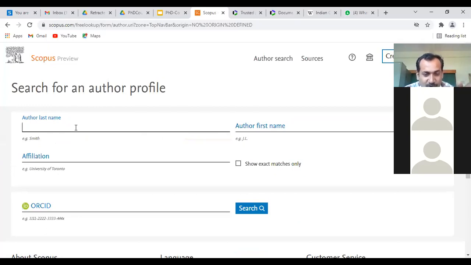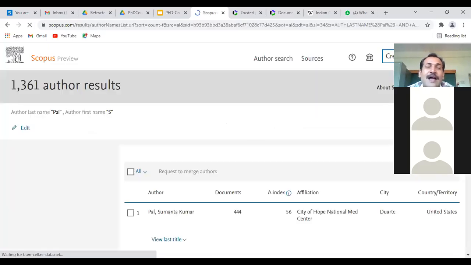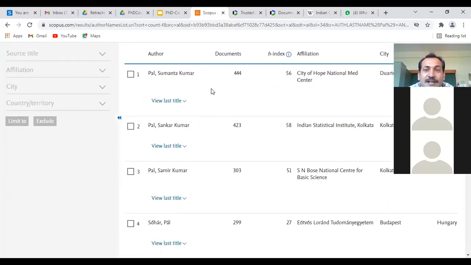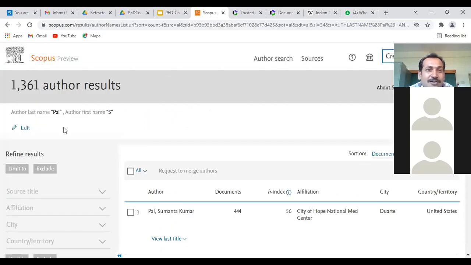For example, if you want to see the research paper by one of the scientists we know, Paul, his initial starts from Y S. Then I will put Paul Y S. And if I start the search, I will see the different people with these particular names. So Paul was his last name. Y S is the author's initials.